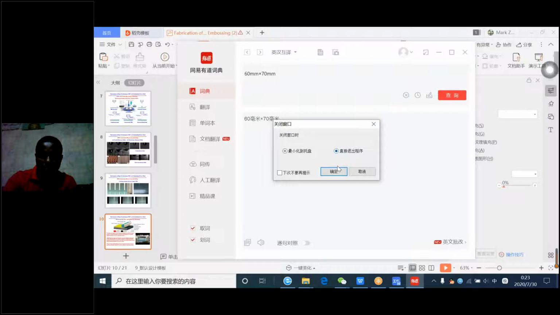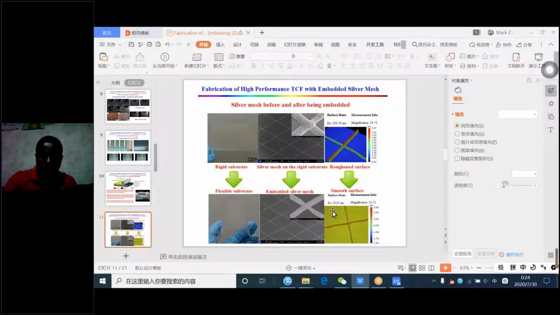Let's focus on the manufacturing results. The figures show the silver meshes before and after being embedded. As shown in the figures, we can see that the silver mesh can be changed from a rigid substrate to a flexible one and from a larger surface roughness to a smaller one through our process.